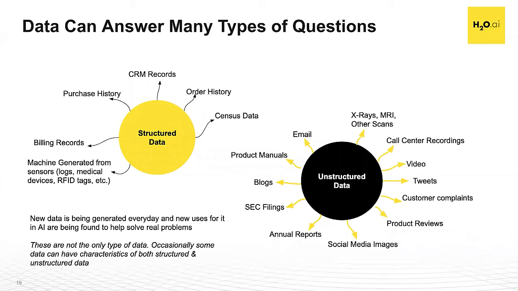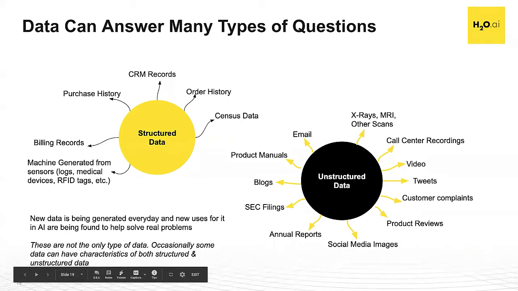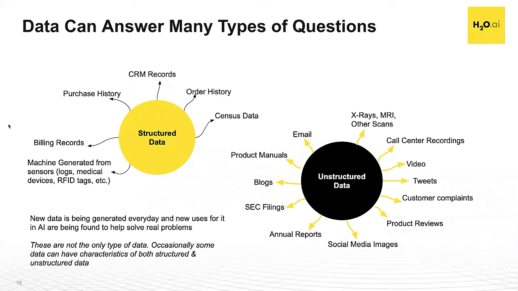Like if you look at structured data, census data is outside of your enterprise that you can leverage to enrich your particular analysis, maybe of your customers or who you're trying to sell to. Or now, there's lots of data generated by COVID, and a lot of that data is public data. So as you think about what you're trying to do, think of the data, whether it's structured or unstructured, or inside or outside of your enterprise, and all of the data that you can leverage to make a potential decision.